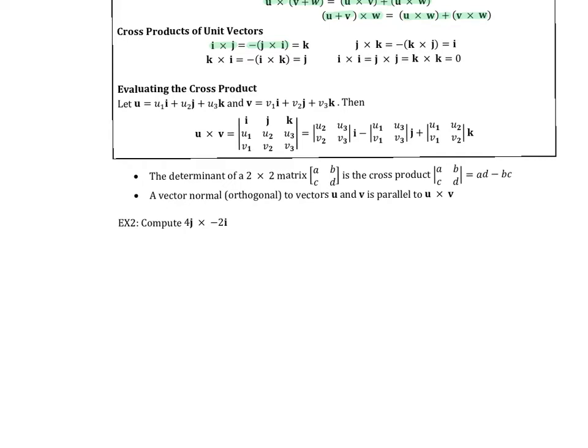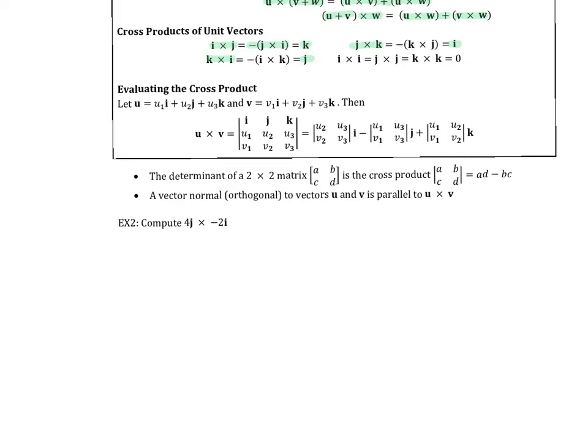Orthogonal and normal are used when we're in higher dimensions, like three-dimensional space. So if you take i and j and you cross them, you're going to get your third vector k. If you cross k and i, you get j. And if you cross j k, you get i.